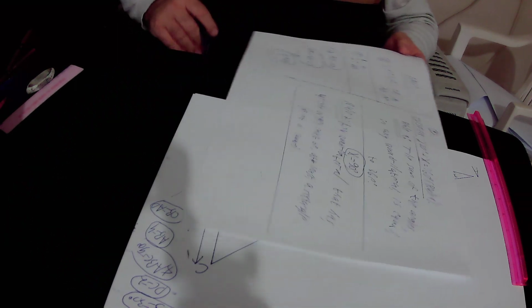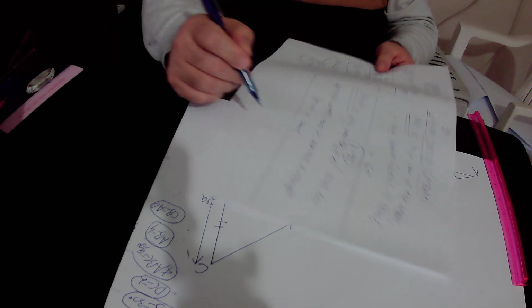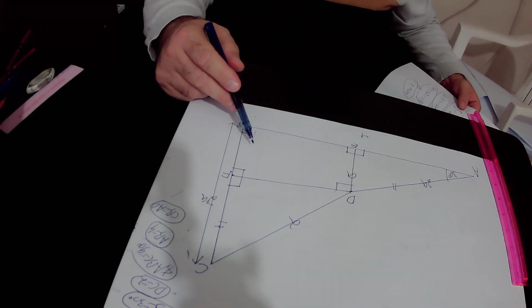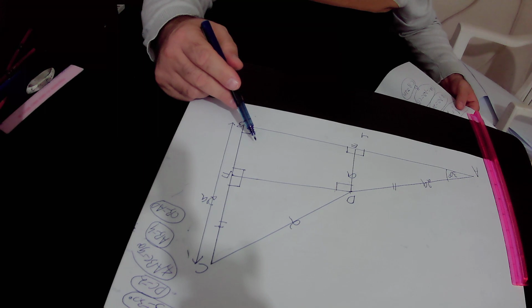And because our quadrilateral DFEB has four right angles, we will relate to quadrilateral DFEB as a rectangle.